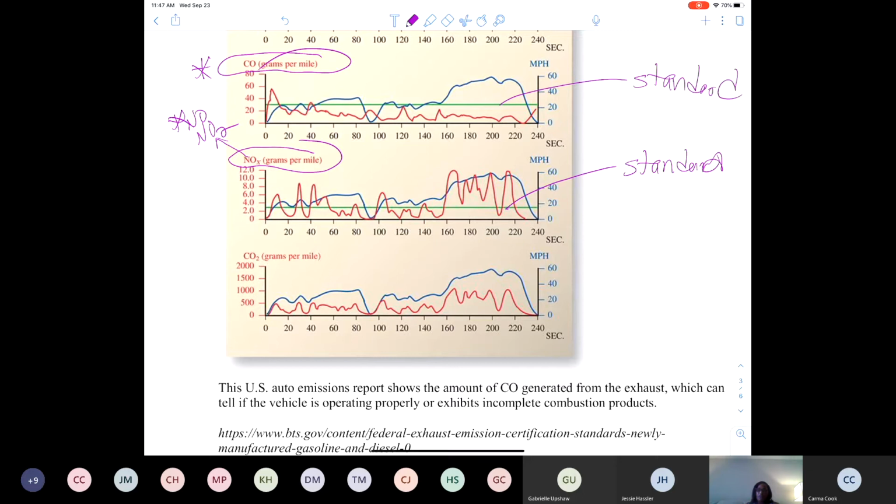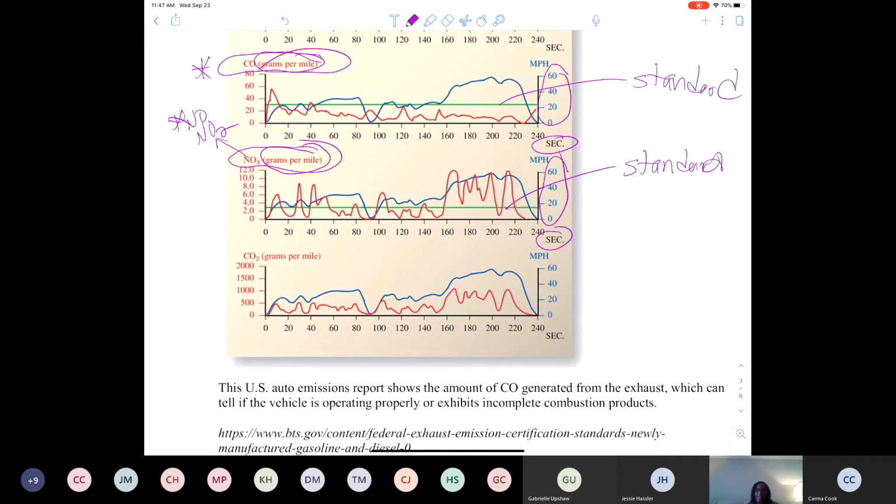And so what the graph shows you is how many seconds on the x-axis, and then the miles per hour that the car is going are on the right y-axis, and the left y-axis shows you the grams per mile of this pollutant that get generated.